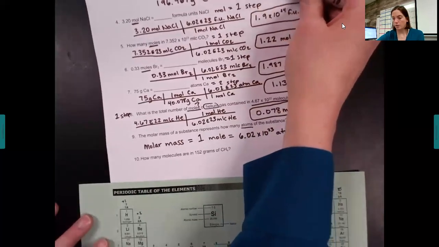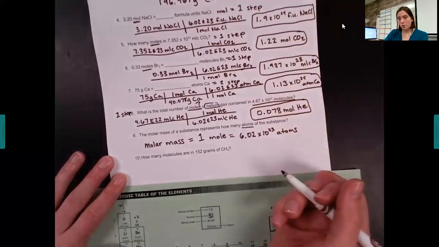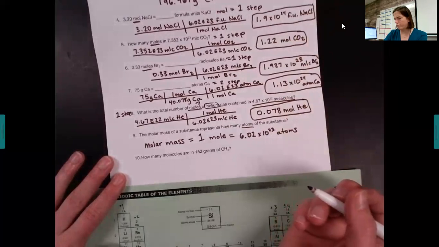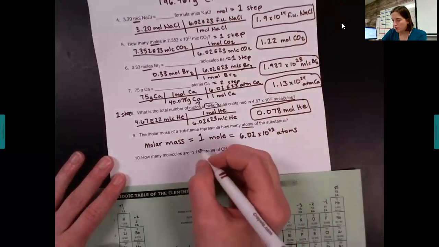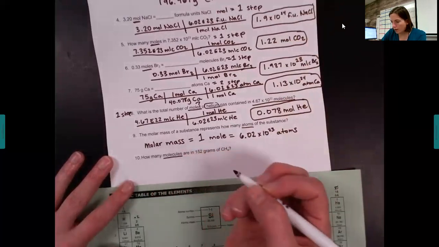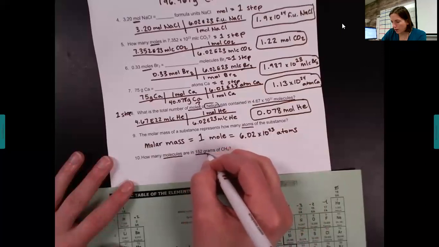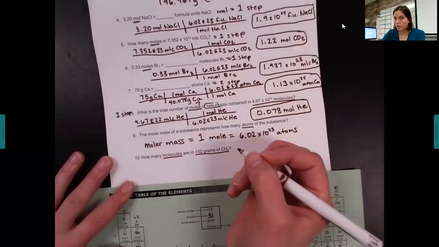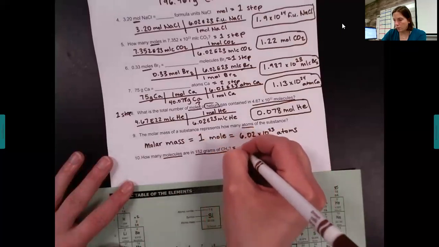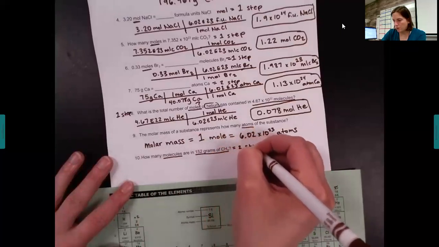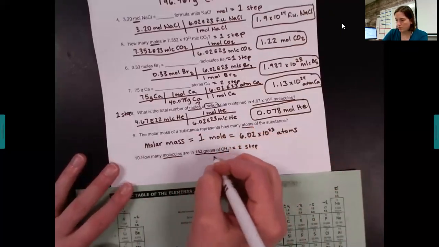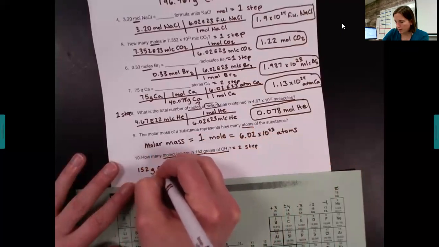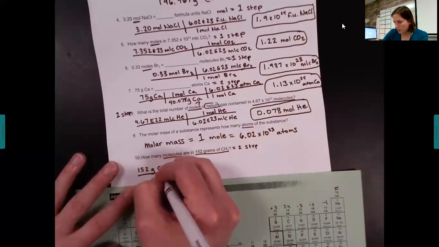And for the last one, how many molecules are in 152 grams of carbon tetrahydride? We're starting with 152 grams. It doesn't say moles, it says molecules, so we know this will be a two-stepper. Start with the number we're given, 152 grams of CH4.